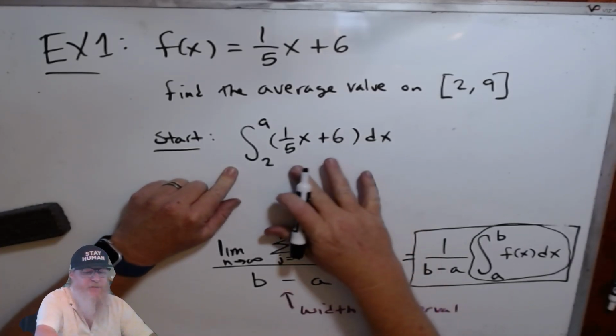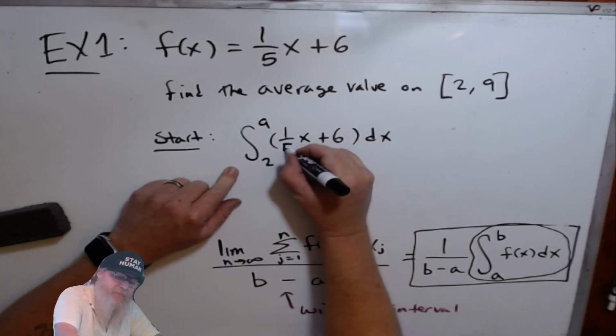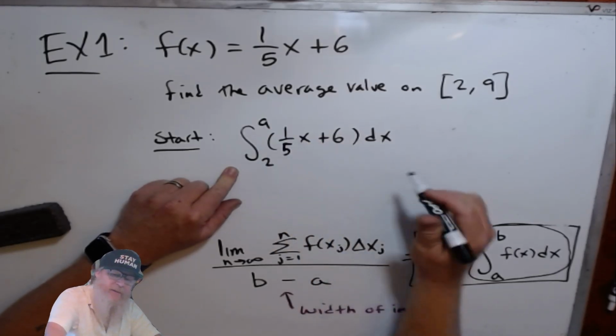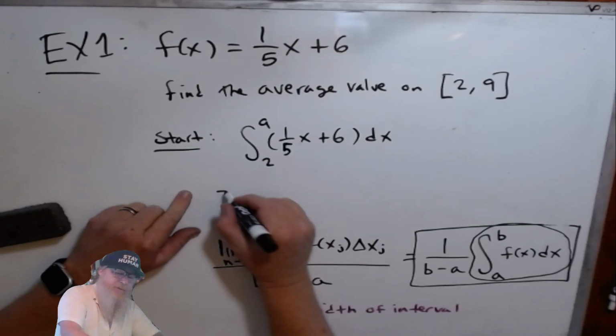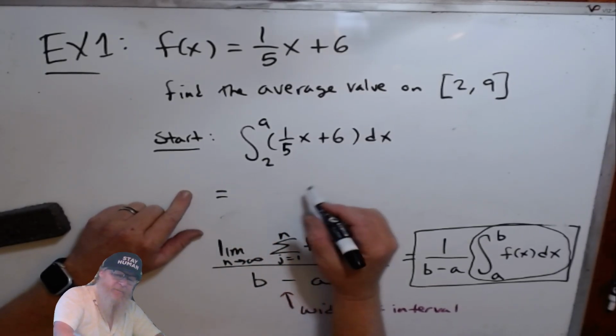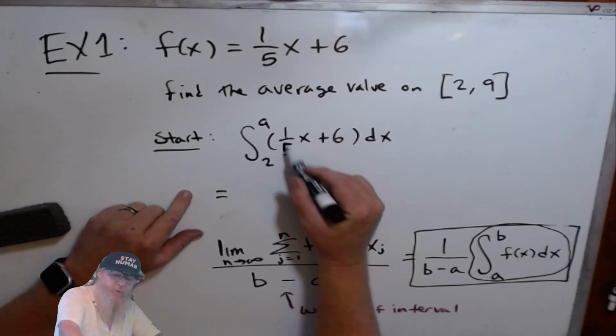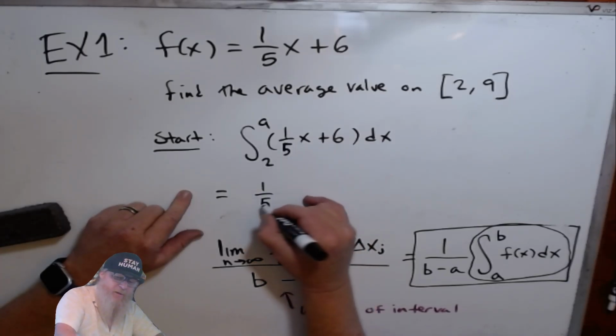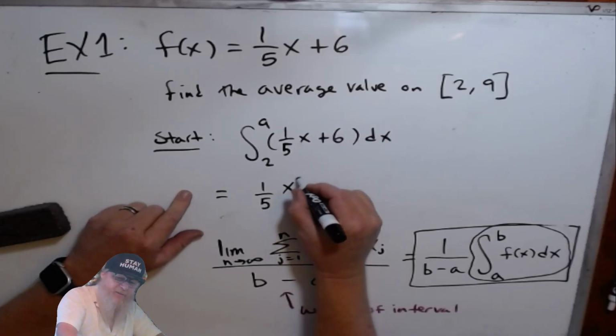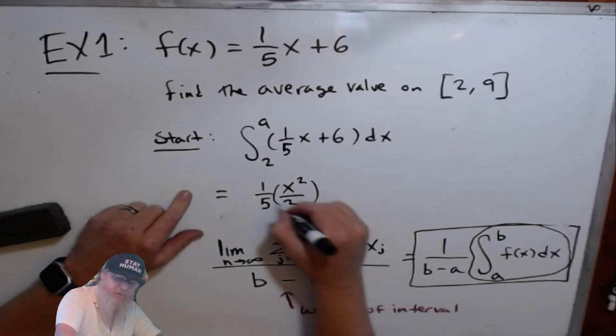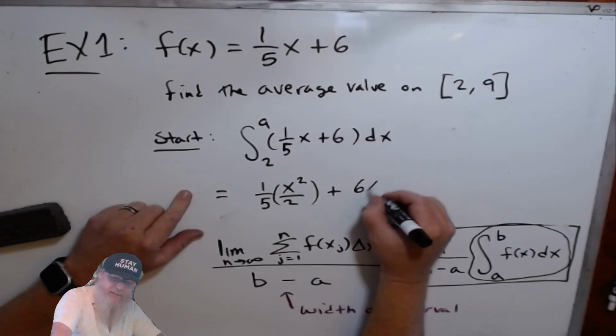It's just another excuse to cover the fundamental theorem of calculus. All right, so that's going to be equal to, well, what's the antiderivative of 1/5 x? That'll be 1/5 x squared over 2 plus 6x.